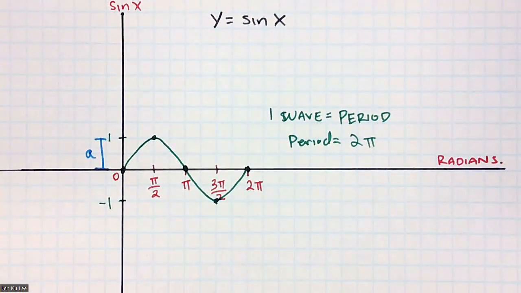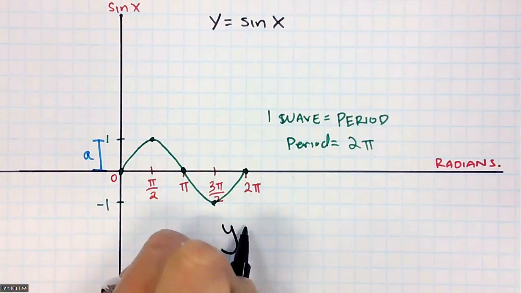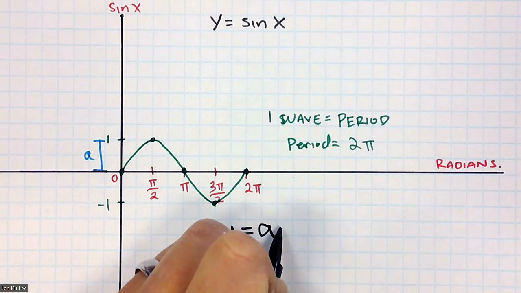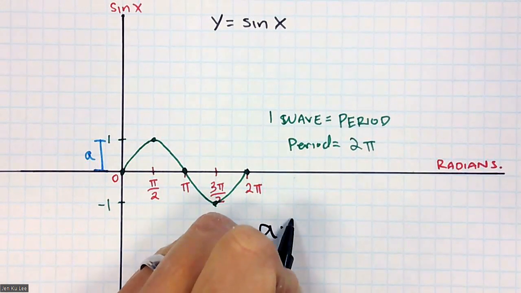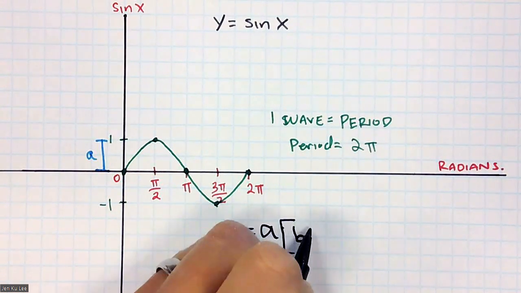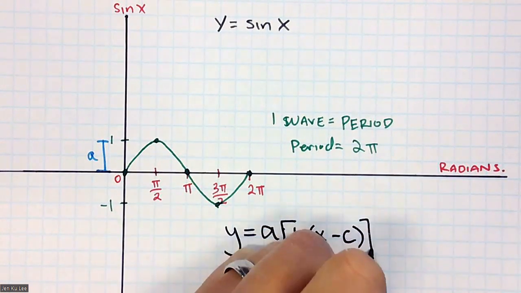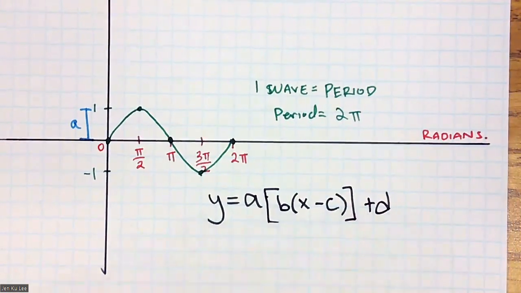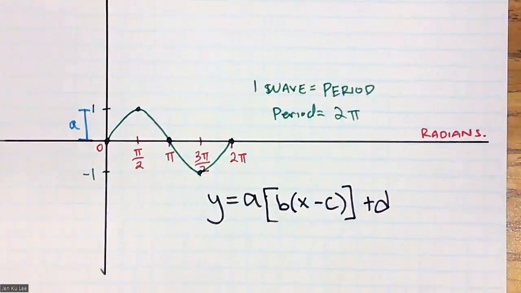So in general form, it's going to be y equals A times sine of (B x minus C) plus D. We're going to talk about C and D later on, but I just want to focus on the A value today.